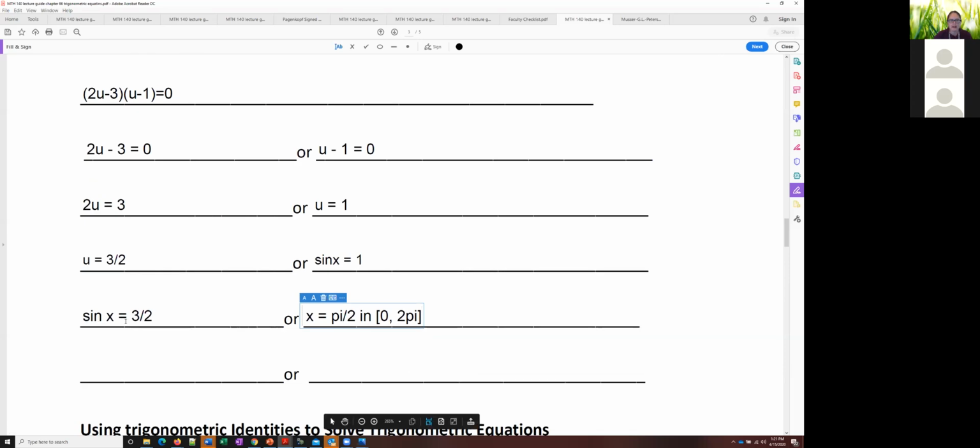If sine of x is equal to 3 halves, what would x be? This has no solutions. Sine can never be bigger than 1. Oops, those should say less than or equal to, so I'm going to write less than or equal to like this.